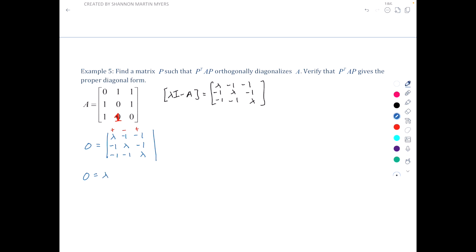And we'll get lambda times the determinant of lambda, negative 1, negative 1, lambda, minus negative 1 times the determinant of negative 1, negative 1, negative 1, lambda, and then plus negative 1 times the determinant of negative 1, lambda, negative 1, negative 1.